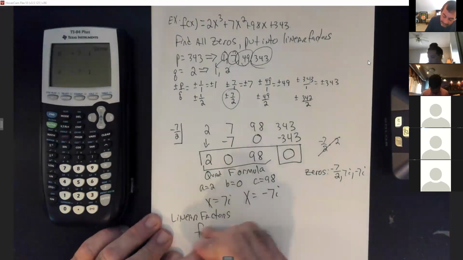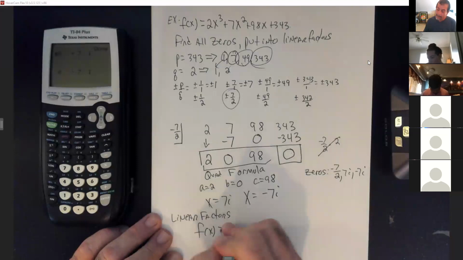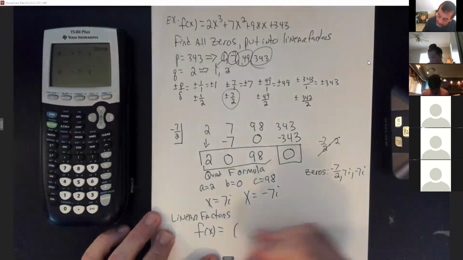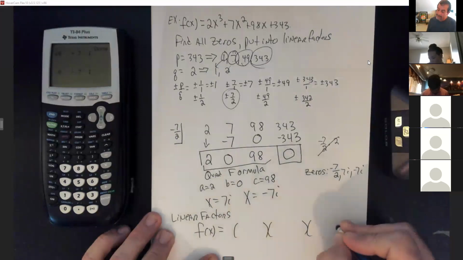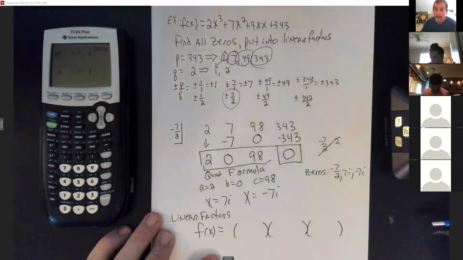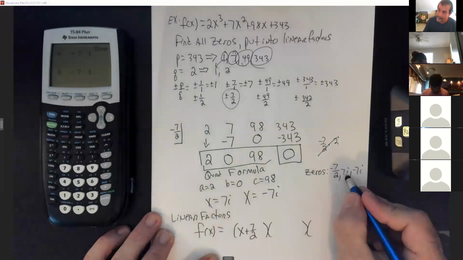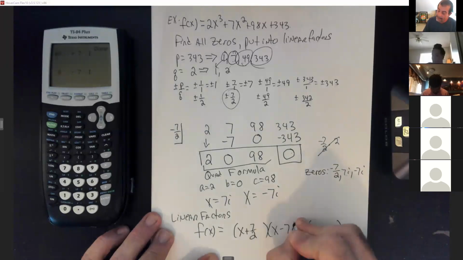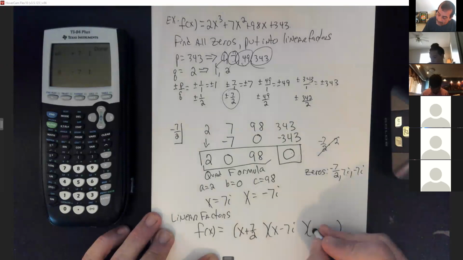So they'll give us the f of x equals, and we got to put all these in parentheses. So I got 3 parentheses. Since that's a -7/2, we're going to make that a +7/2. Since that's a positive 7i, we're going to make that a negative 7i. And then since that's a negative 7i, I'm going to make that a positive 7i.